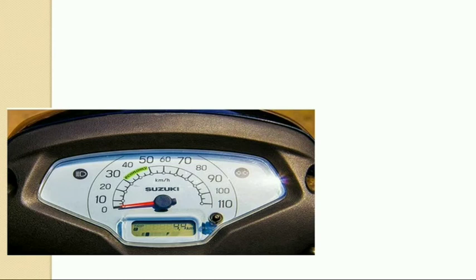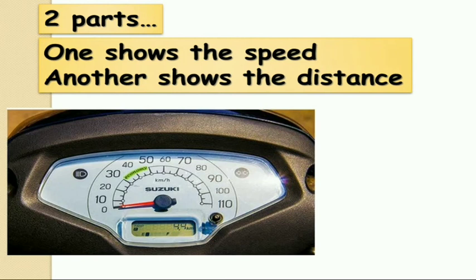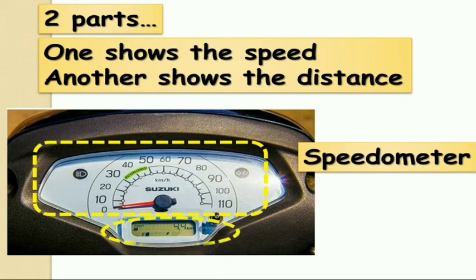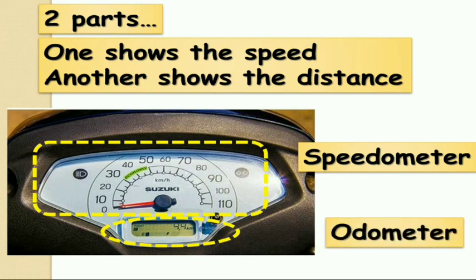One shows the speed and another shows the distance. So here the yellow circled part is showing the speed, and hence it is called the speedometer. And one more yellow oval is showing the distance, which we call the odometer.